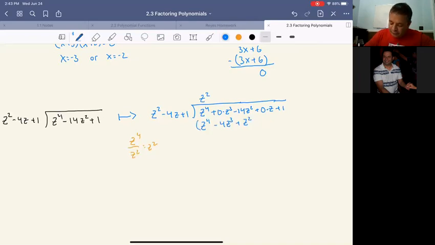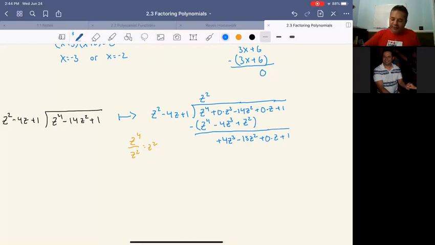Now, again, parentheses and subtract. But we have to be very deliberate, and that will reduce our mistakes. So z to the fourth minus z to the fourth is 0. This is going to give us a plus 4z cubed, minus 15z squared. I'm going to bring down that 0z and 1.